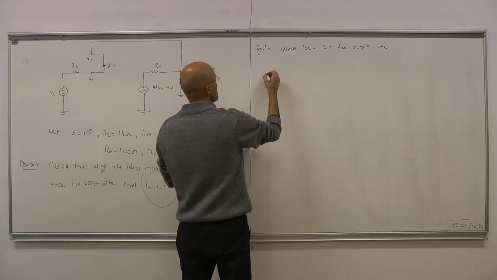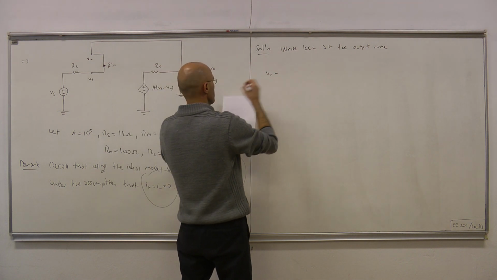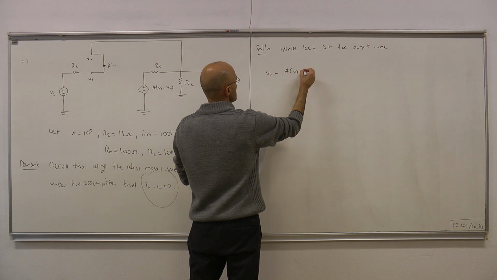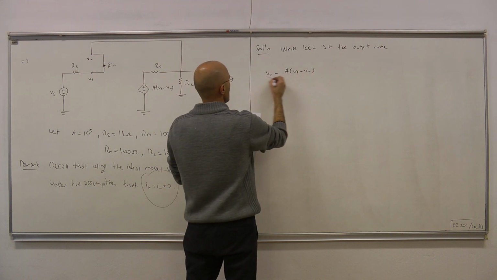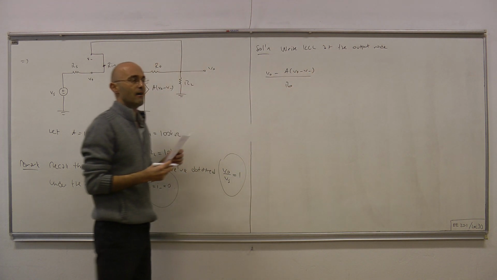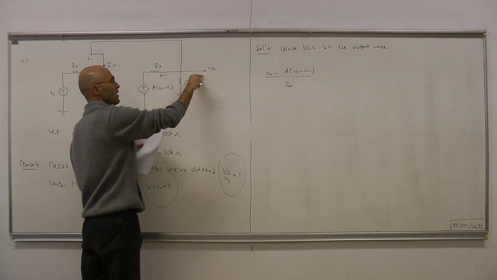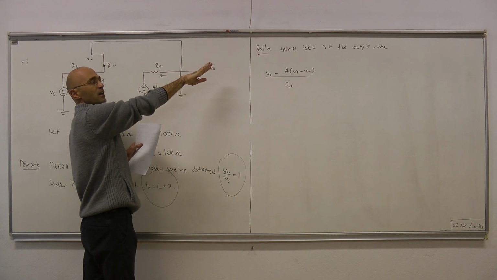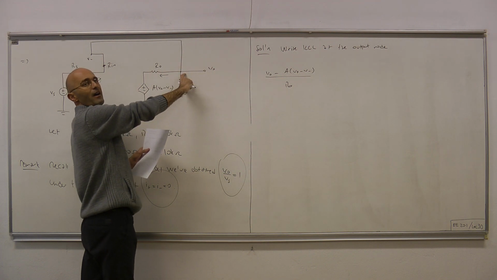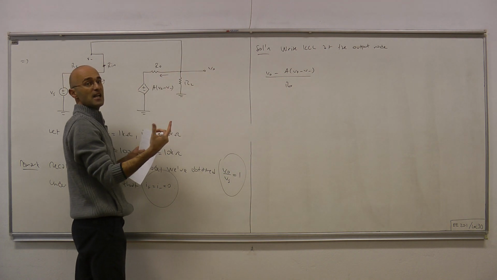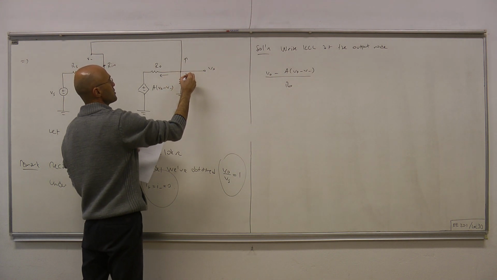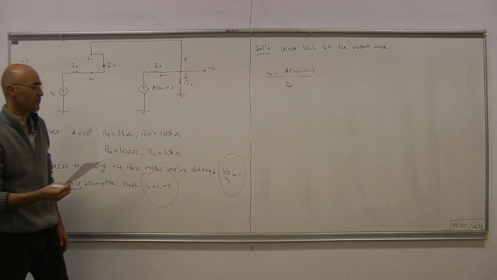What we have is (V out minus A times (V plus minus V minus)) over Ro, so we're talking about this current. This node is connected to nothing, or whatever it's connected to, we represent by RL. By writing KCL, we sum up these three currents and equate to 0.